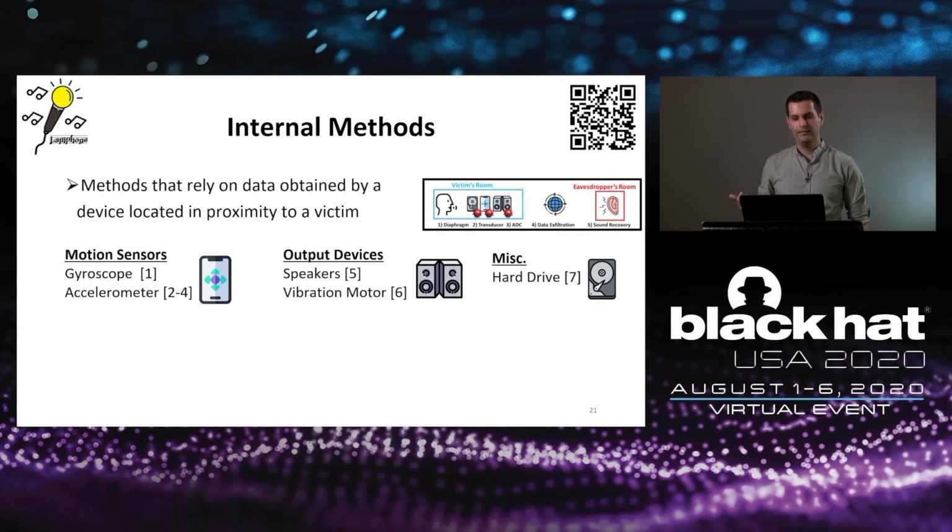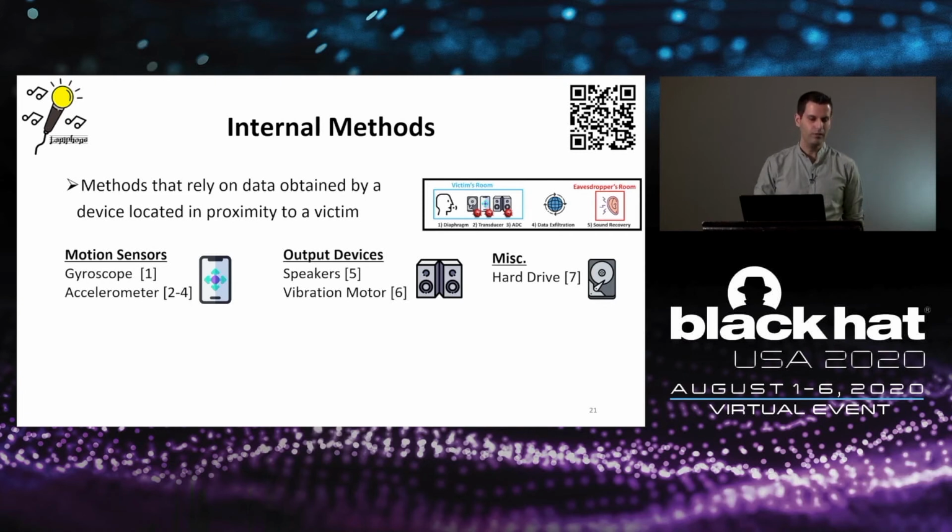In recent years, it was shown by scientists that motion sensors, speakers, and vibration motors, all of which are integrated into smartphones, can produce data that can be used in order to eavesdrop on sound. In addition, even data obtained from a magnetic hard drive can also be used in order to eavesdrop on sound.